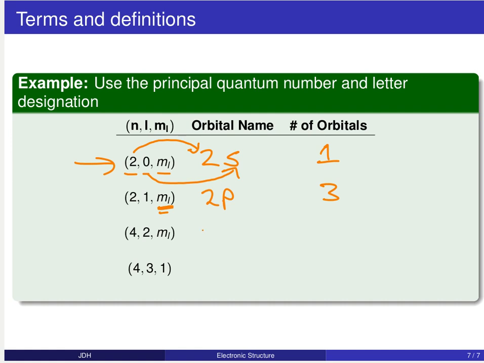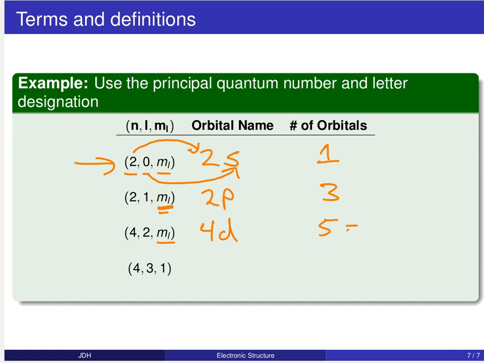Okay? And so moving through here, we've got an n of 4, we've got an L equals 2. Remember, L equals 2 corresponds to a d orbital. If we look at the possible values m sub L can take, we're going everywhere from -2 to +2, including 0, which means we're going to have a total of 5.